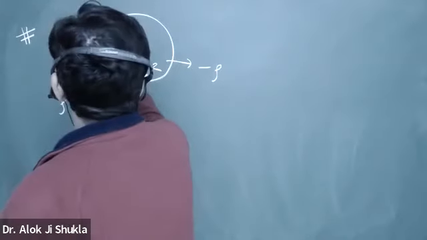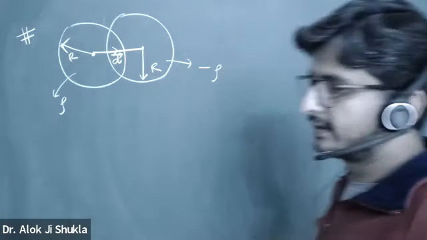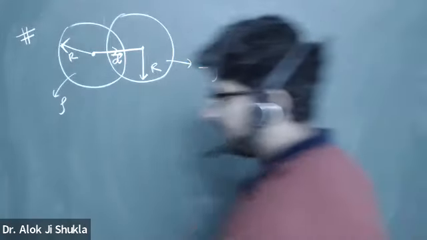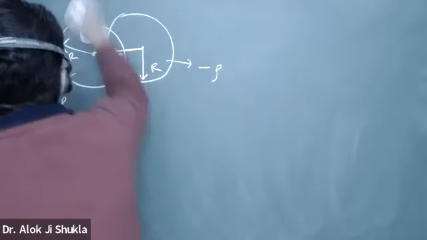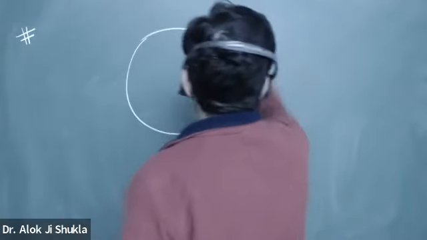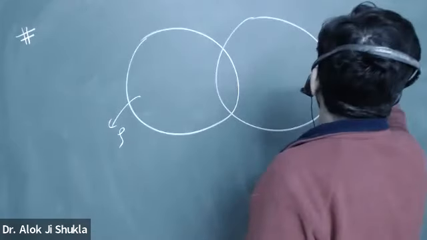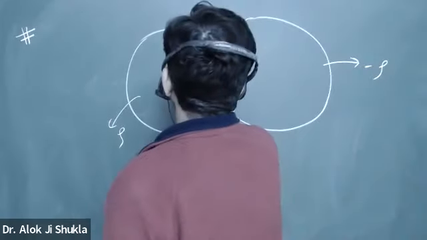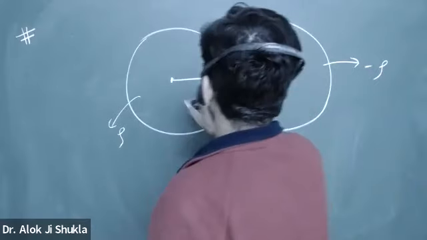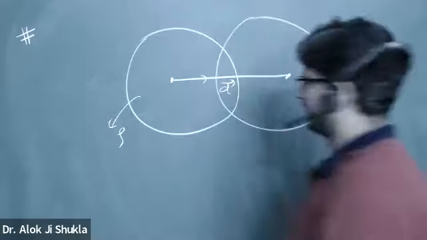This vector is given actually to be d vector. And they are saying, let me actually, figure is very important in this question. Let me make it little bigger to make you understand. So suppose this is one sphere, this is another sphere, this is having charge density rho, this is having charge density minus rho, and these are the centers of the two spheres, and they have given that this vector is d.